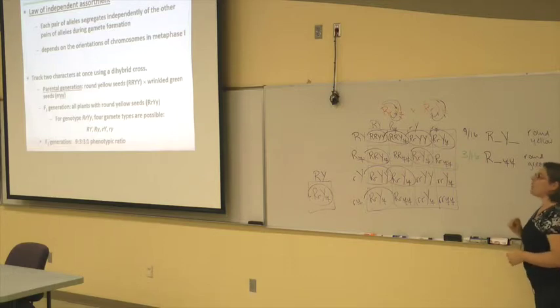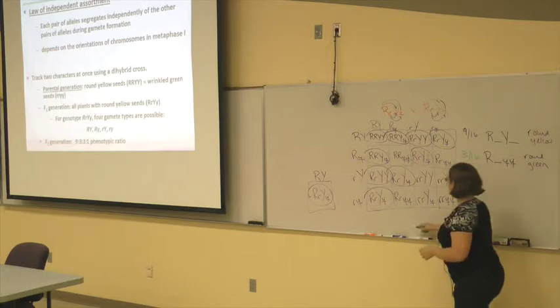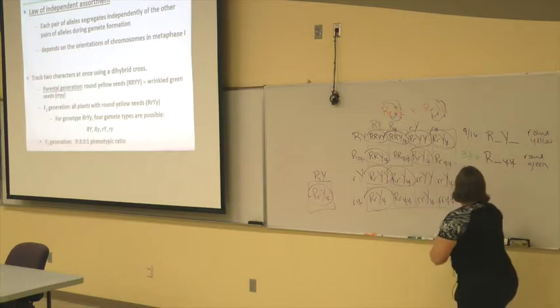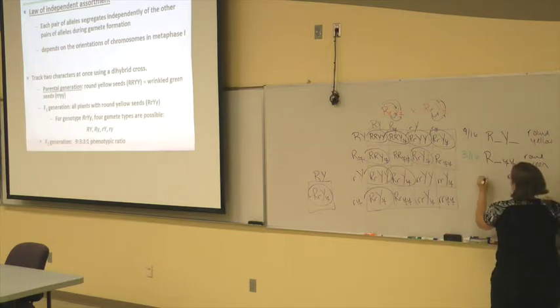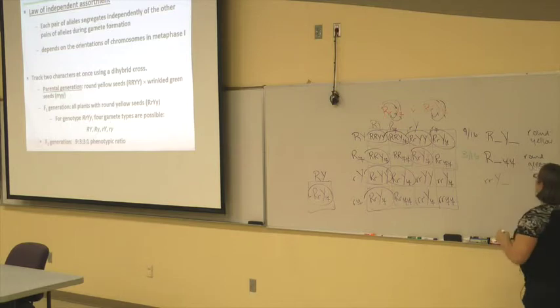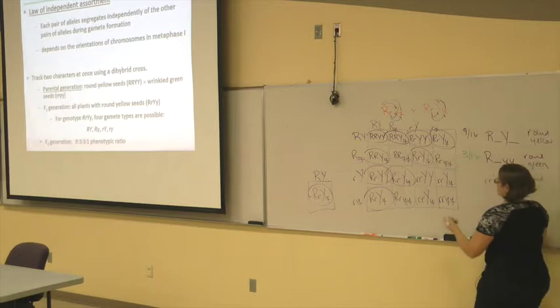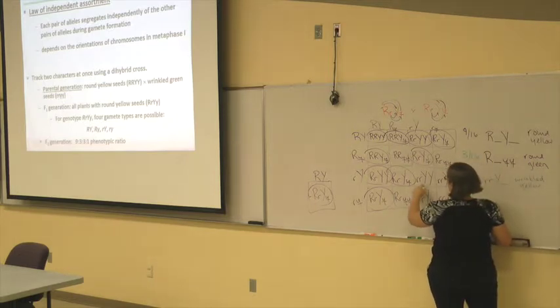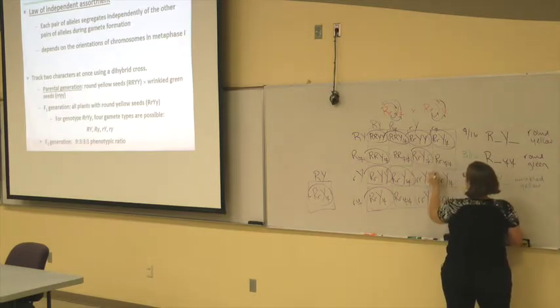We've got to find 3 more. In this case, it's going to be the opposite, where you have the recessive shape, wrinkled, but you have the dominant color, yellow. So wrinkled yellow seeds. Where are they? There's not much left. So what's this? Yes, that works. What about this one? Yes.